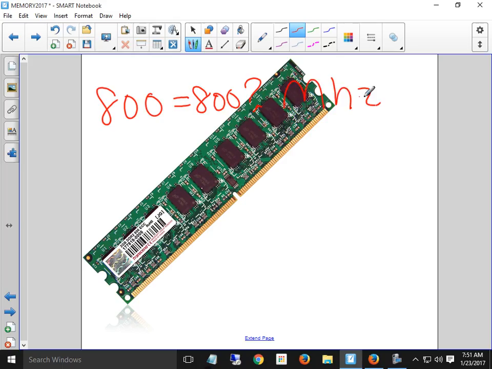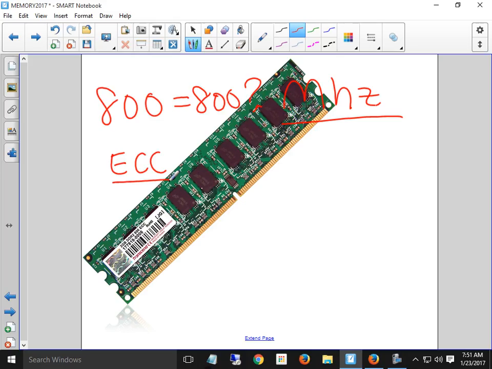Memory speed, just like CPUs, is in hertz, but memory is usually denoted in megahertz, whereas CPUs are denoted in gigahertz, okay? And then the last thing on here we're going to talk about in a minute is ECC. ECC stands for error correcting code.